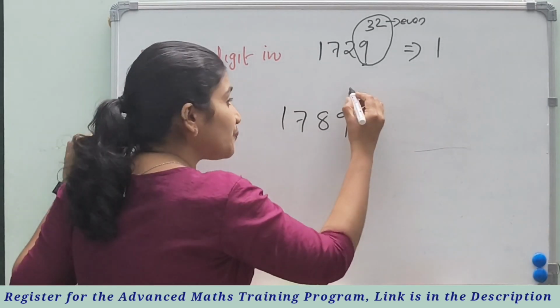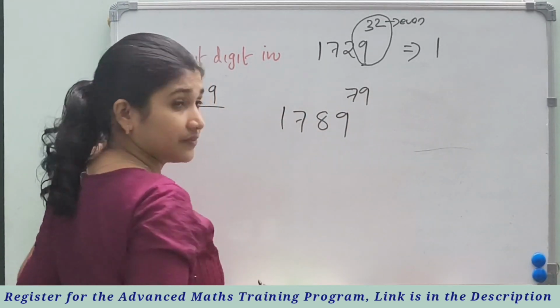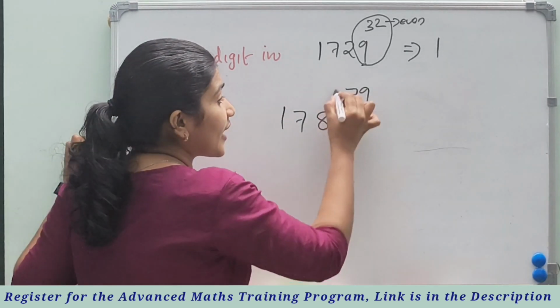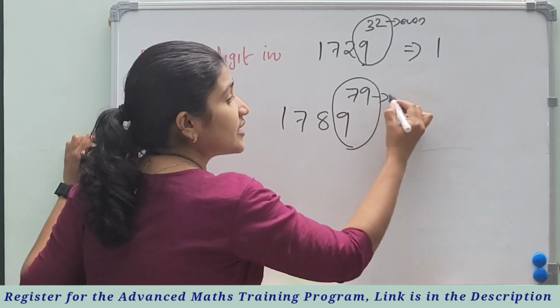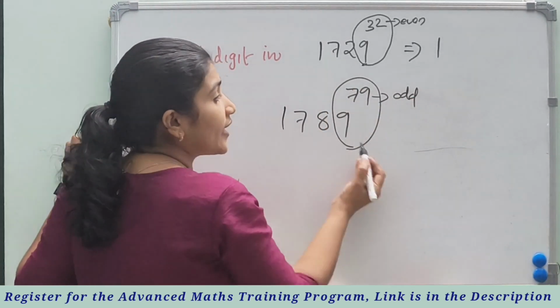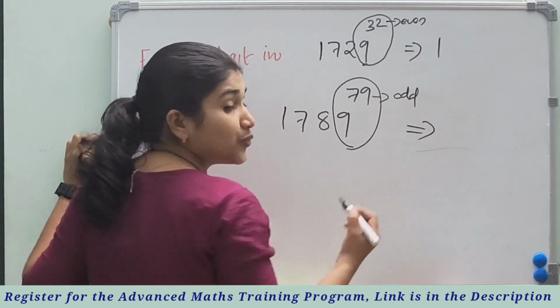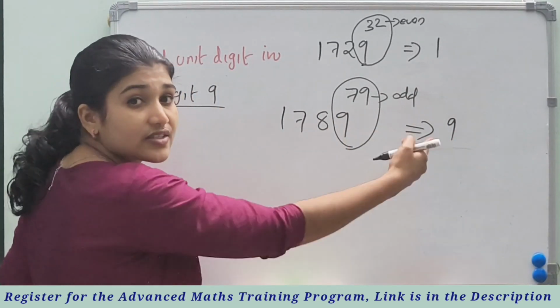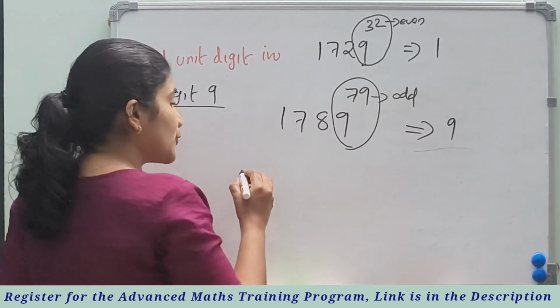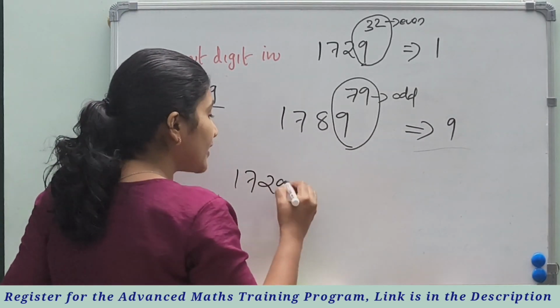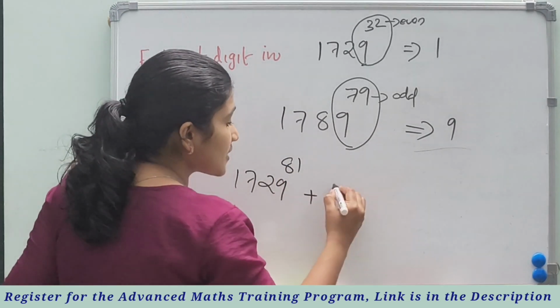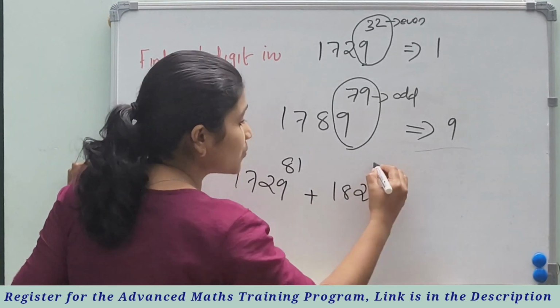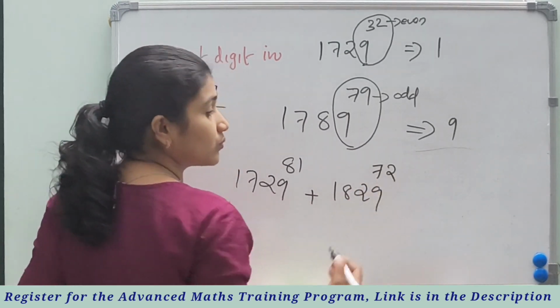Now 1789 raised to 79. Here 9 raised to 79 means 79 is an odd number. So 9 raised to any odd number, the unit digit is 9. 9 raised to 1 is 9. Also, 1729 raised to 81 plus 1829 raised to 72.